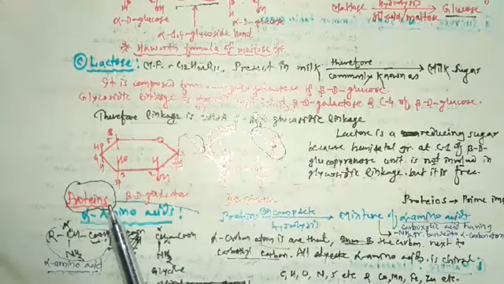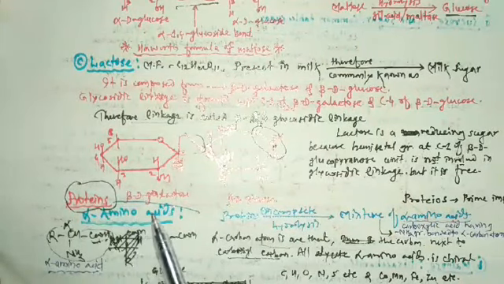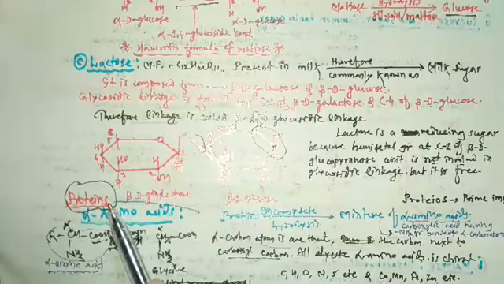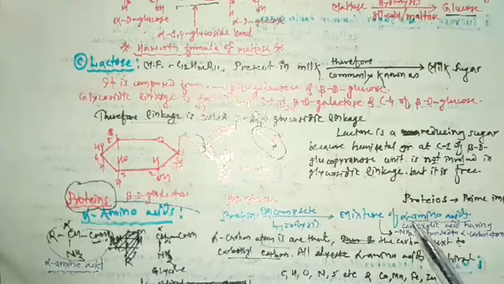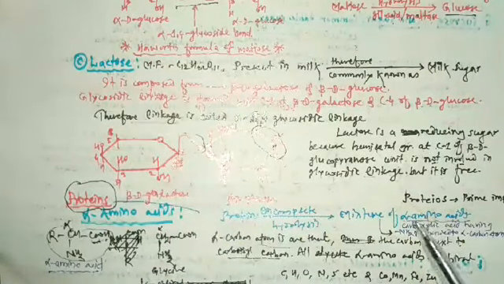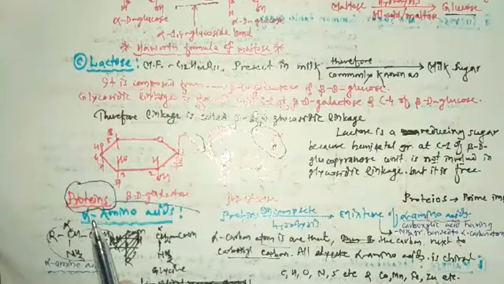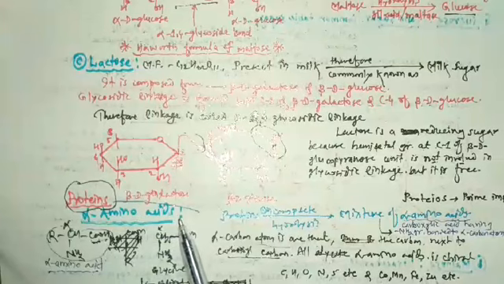Protein is the most abundant biomolecule of the living system, and it is essential for all the processes which are taking place in the living system. Proteins on hydrolysis produce a mixture of alpha amino acids, and we studied in brief about the alpha amino acids.